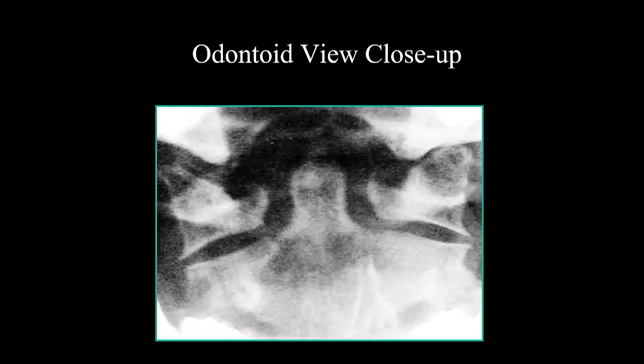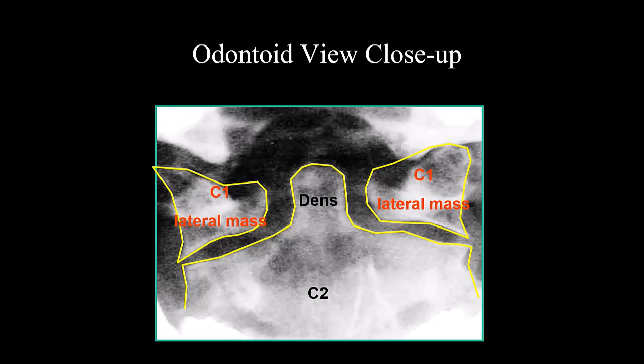The C1, C2 articulation. And you'll notice that we have a fracture of the dens, but it's only slight. But also take a look at the lateral masses, and the joint spaces between C1 and C2 have dramatically dropped because it's like having a ring around the dens, and then breaking that ring, the lateral masses will fall down and make that joint space smaller.